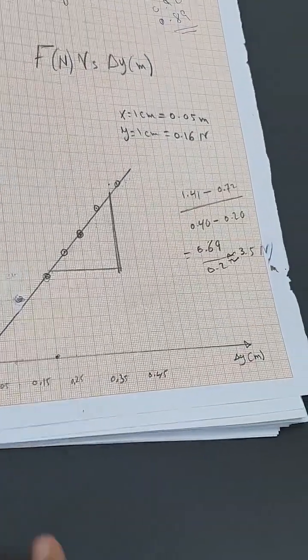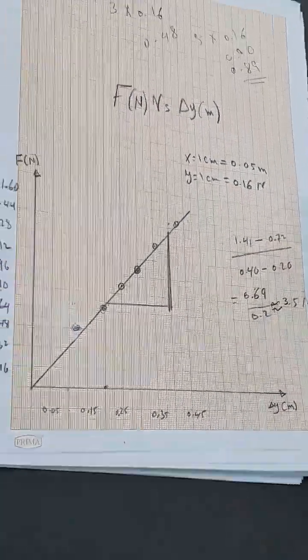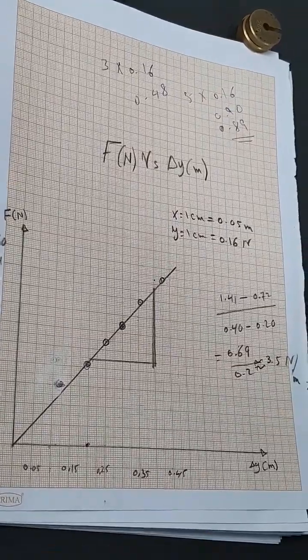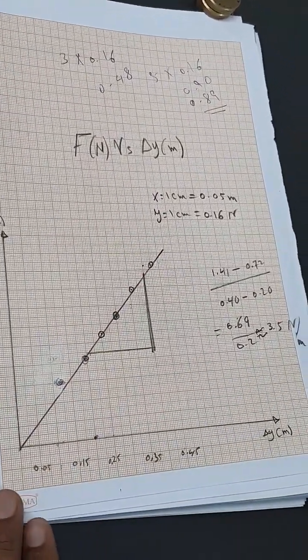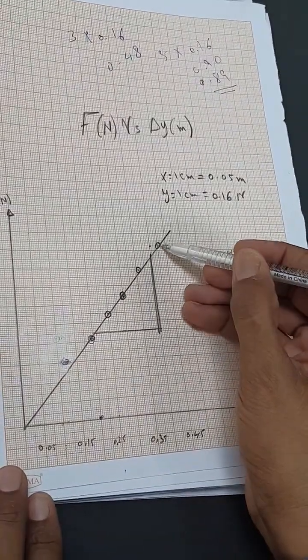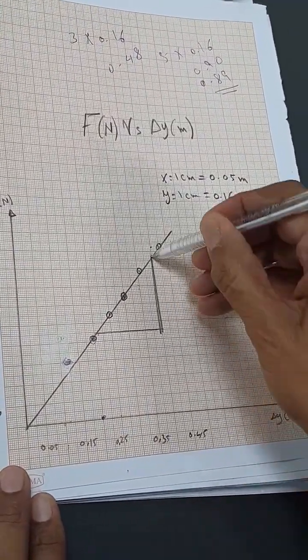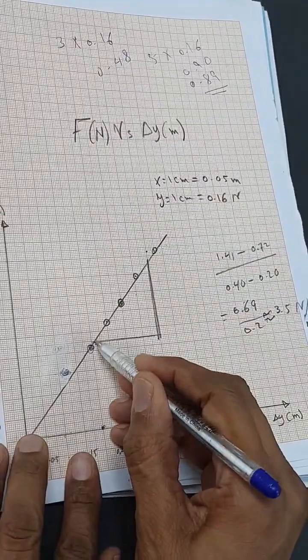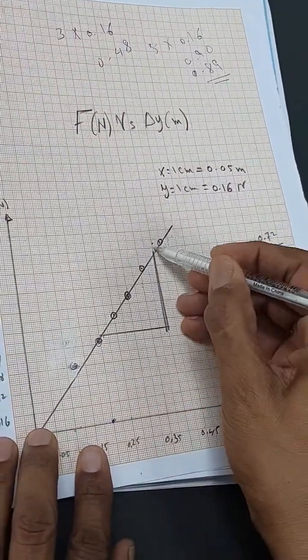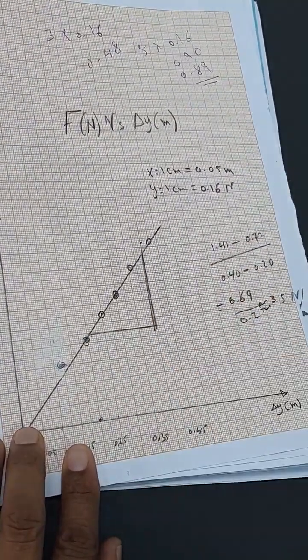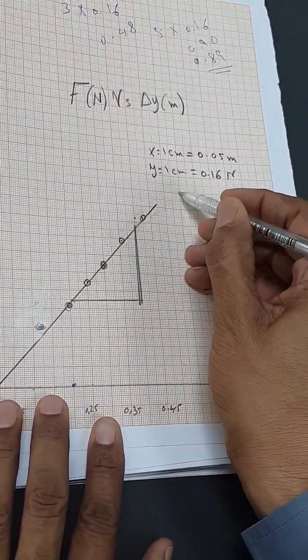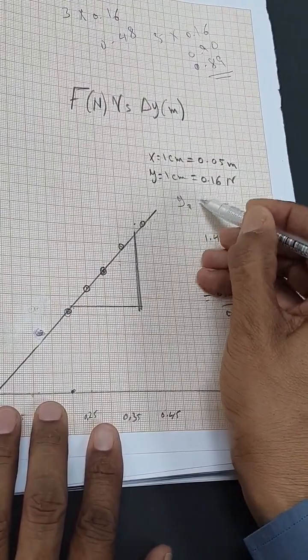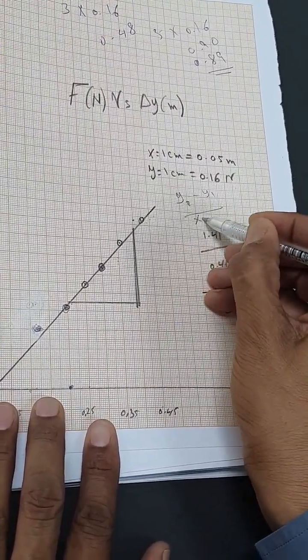When we complete the points, we need to get the slope together, because the slope will represent the K constant of the spring. So between these points, we take this point and this point, and we make a triangle like this. You know that the slope is equal to y2 minus y1 over x2 minus x1.